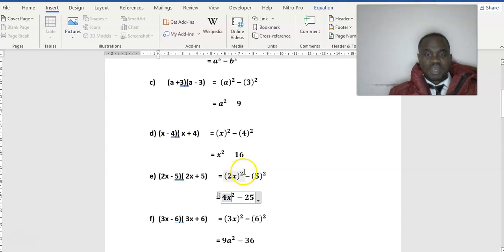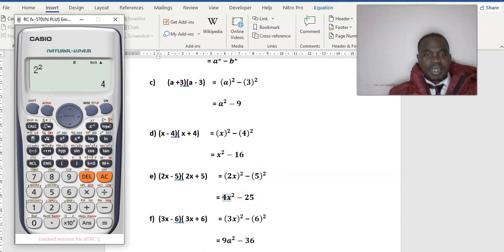Does this square affect these two? Yes, this square affects these two, it also affects the x. So we are going to get 4x squared. Alright, minus 5 squared is what? 25. How do we do that? Let's move this to this side and put 5 here.